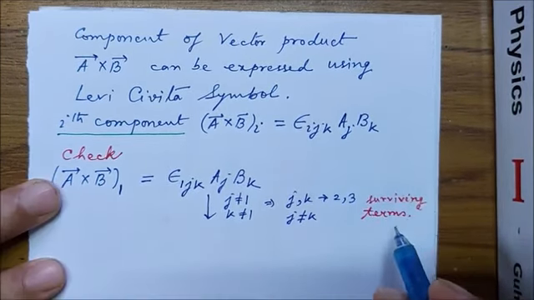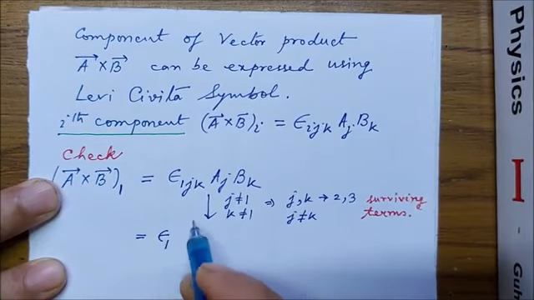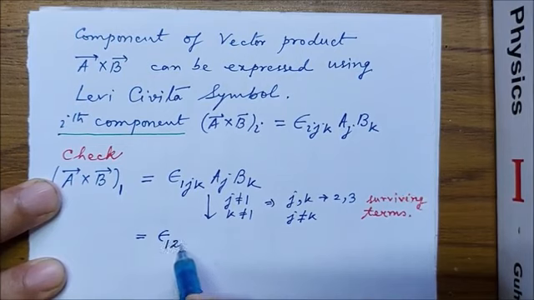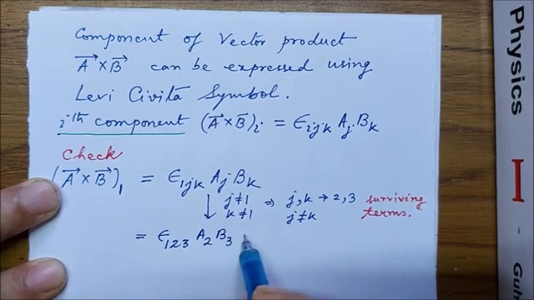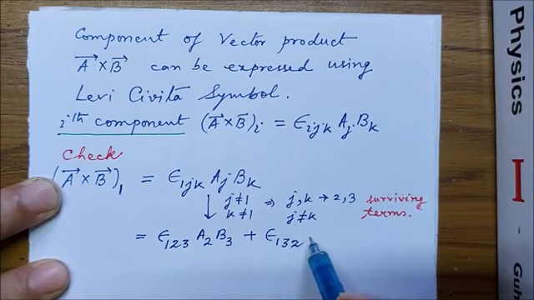So the surviving terms are, let us take j equal to 2, so k cannot be 2, it is 3. So it is A2 B3 plus, now let us take j to be 3, then k cannot be 3, it is 2.